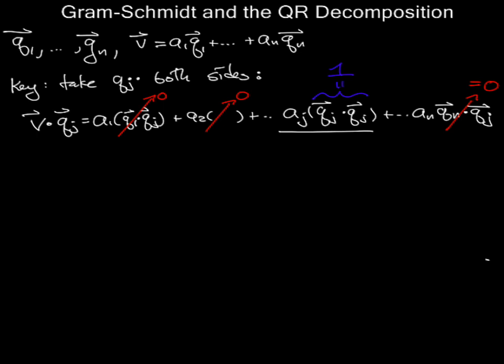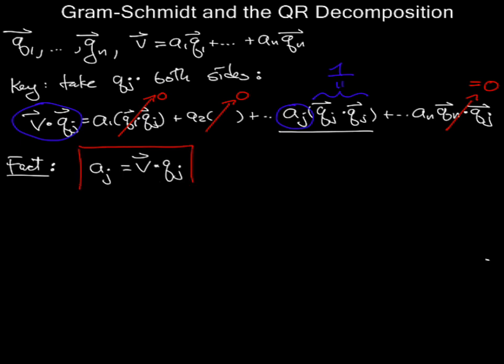And so this equation is saying aj is equal to this dot product. So there you have it. There's a very easy way to compute these coordinates. You take your given vector, dot it with qj, and that gives you the coordinate of the vector in this basis. So that's extremely useful, and we'll talk a little bit more about that later.